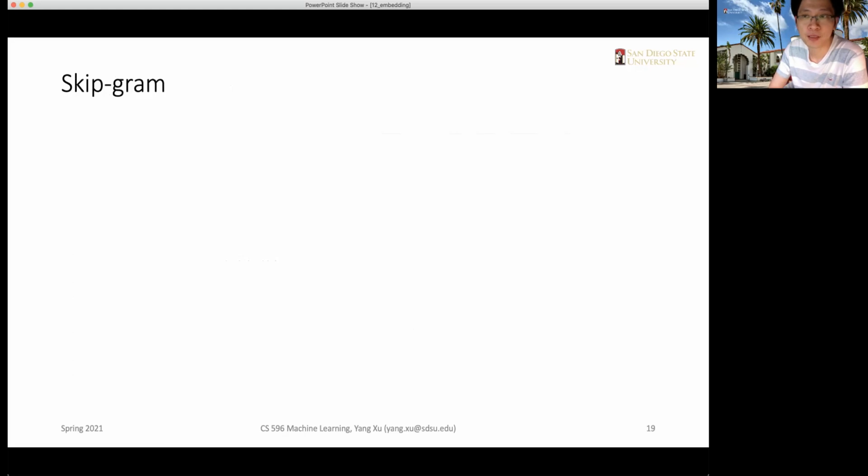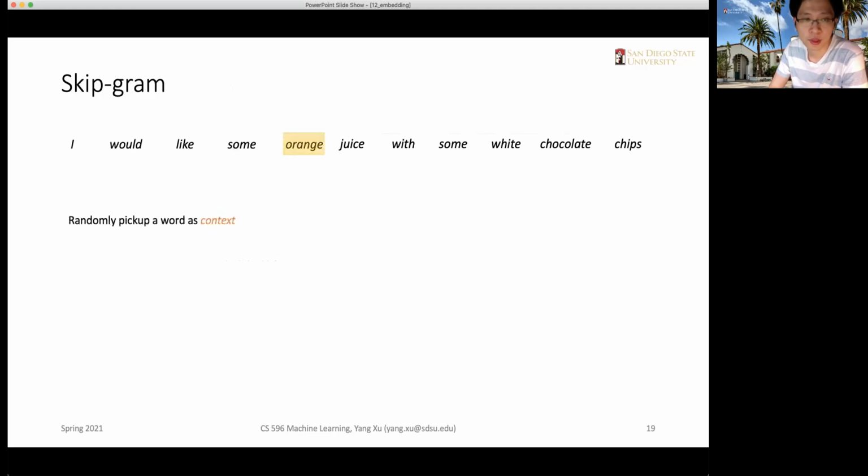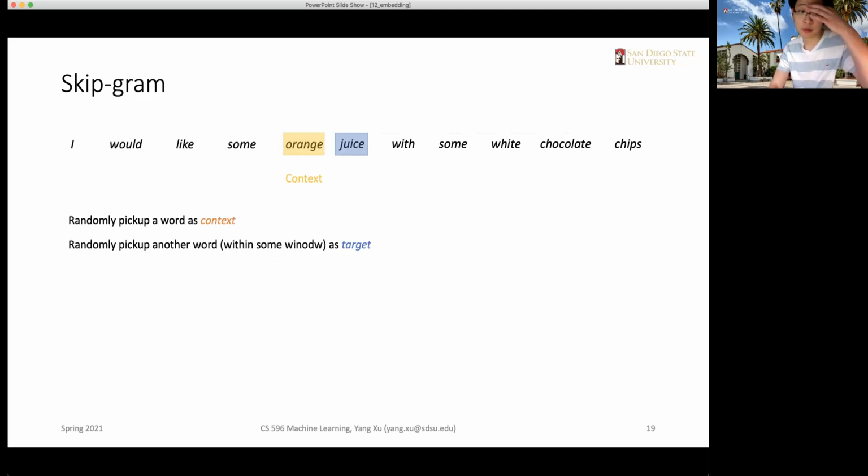All right. So given these inputs, I would like some orange juice with some chocolate chips. For example, we can just randomly pick a word as a context, orange. And we can also randomly pick another word, but within some window.